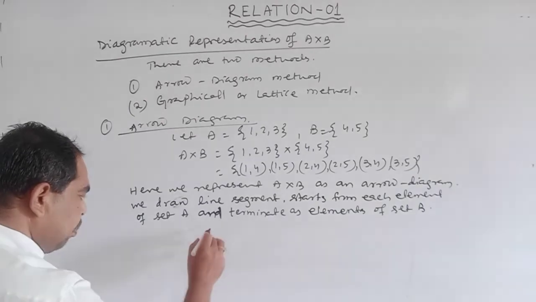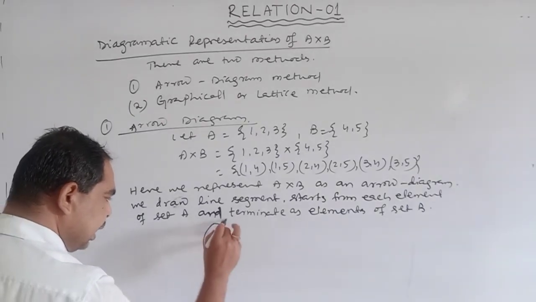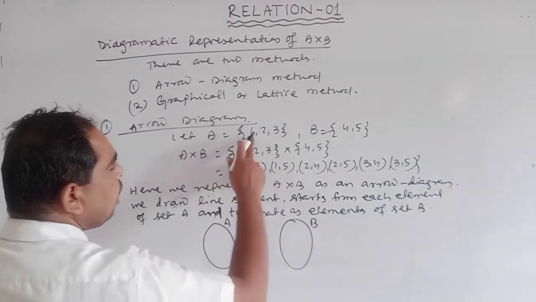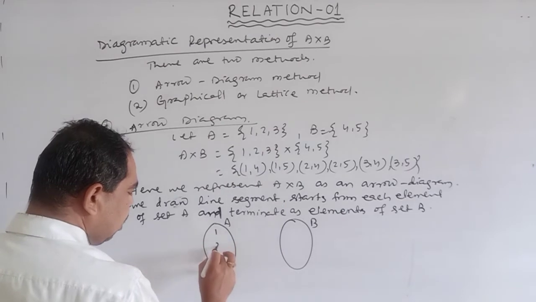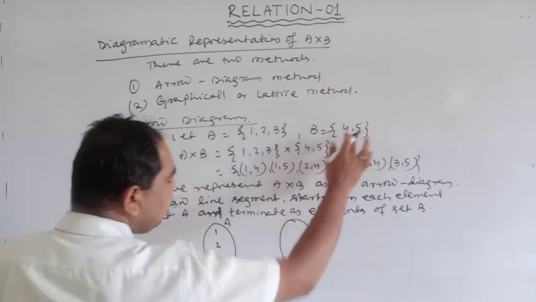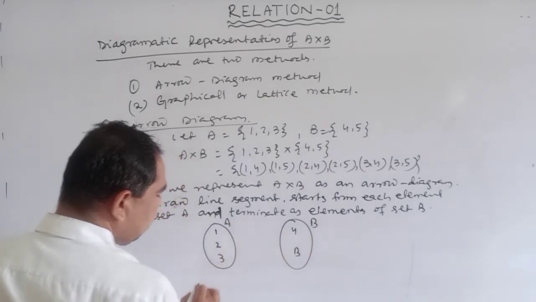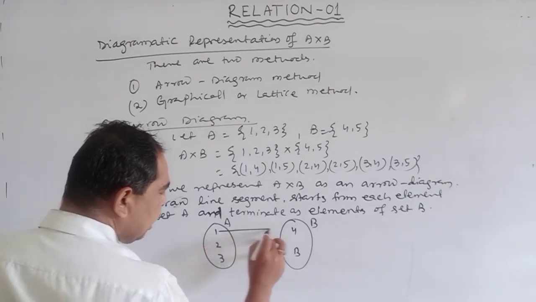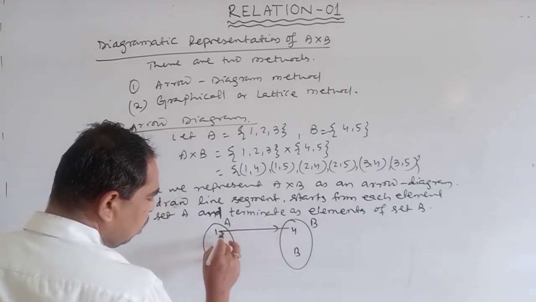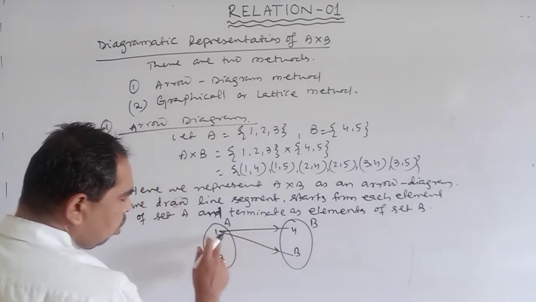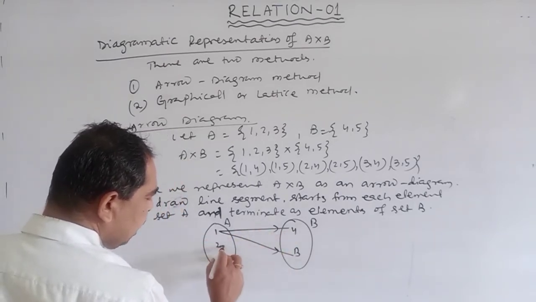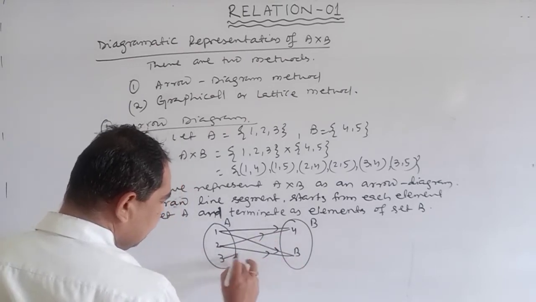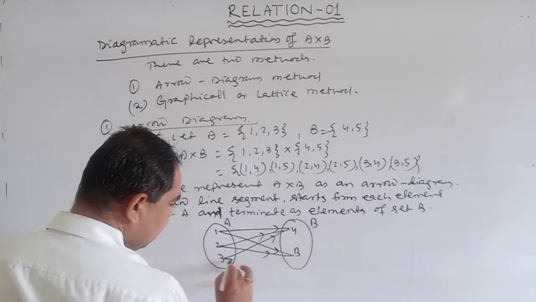So this is set A and this is set B. A contains 1 2 3, and B contains 4 5. So first, 1 is related to 4, and 1 is also related to 5. Then 2 to 4, 2 to 5, then 3 to 4, 3 to 5.